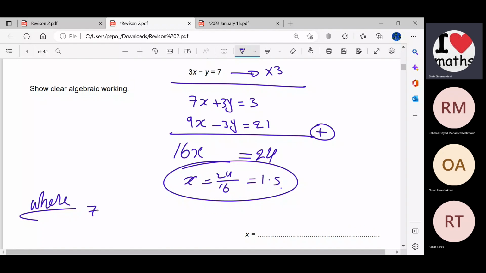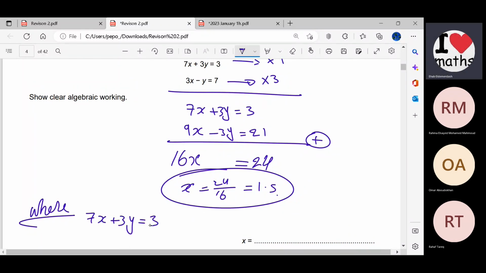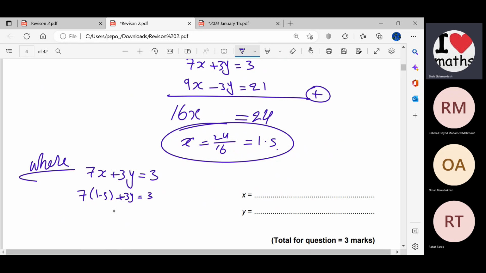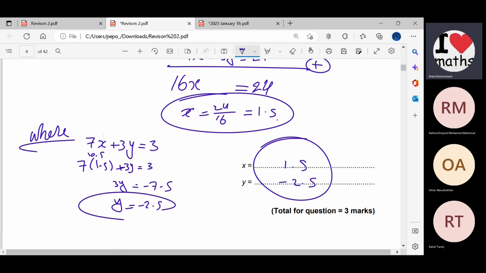Here it's 7x plus 3y is equal to 3, so 7 into 1.5 plus 3y equal 3. 3y is equal to, here it's 10.5, we send it to the other side, so it's negative 7.5 and y will be negative 2.5. So we get the answer as 1.5 and negative 2.5. You should be careful about the multiply and the divide and all of these steps.